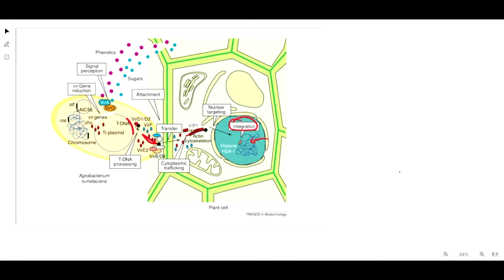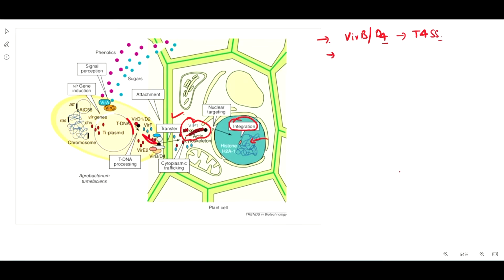We already know that when the T-DNA enters the host cytoplasm, it contains the super T complex, which consists of proteins like VirB protein and VirD4 protein, which are part of the type 4 secretion system.